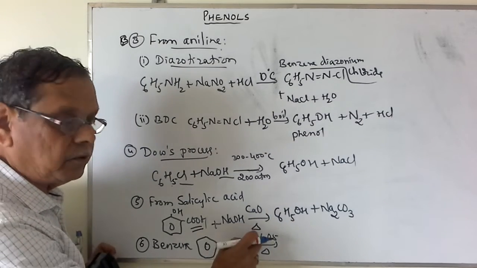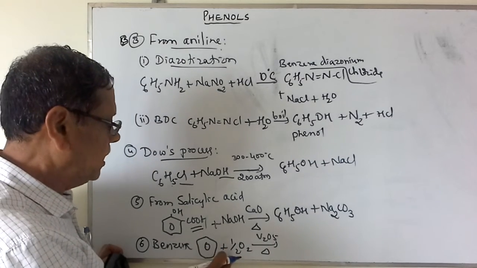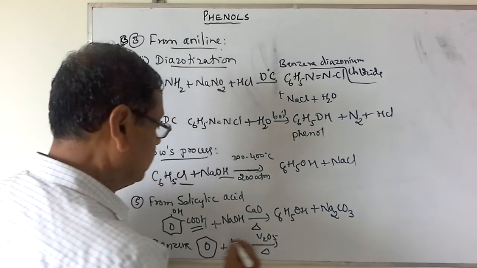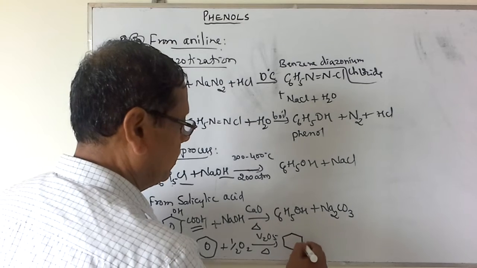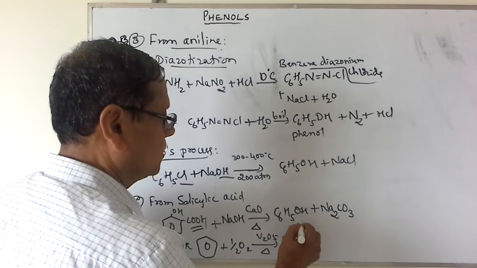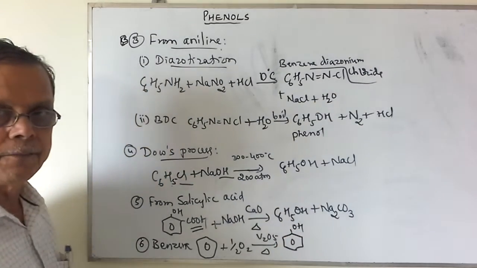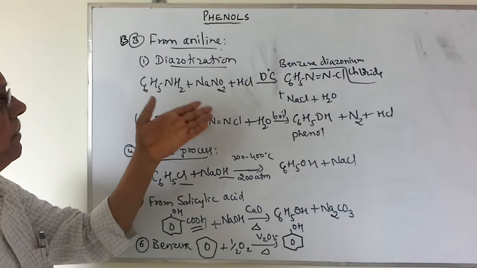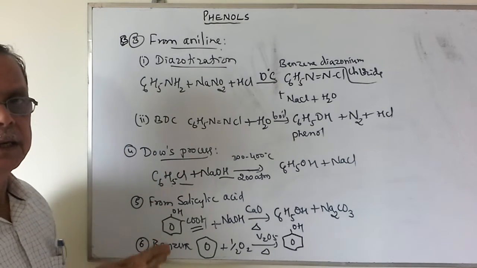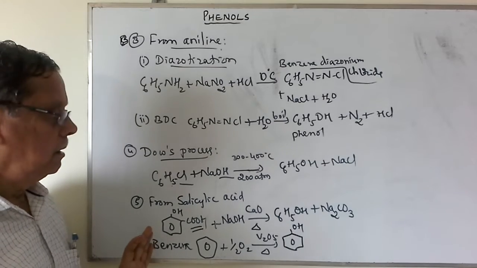Vanadium pentoxide is a very good oxidizing agent. It will oxidize benzene to give rise to phenol, C6H5OH.